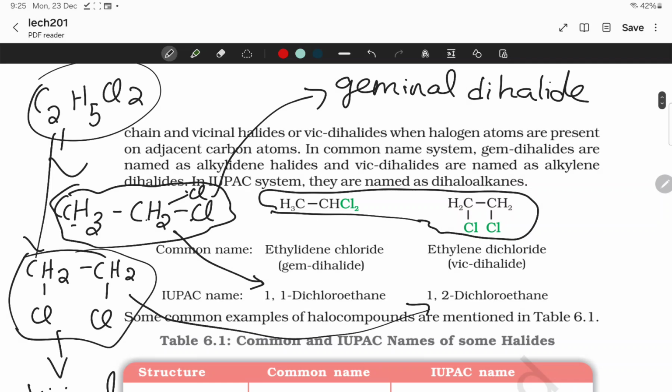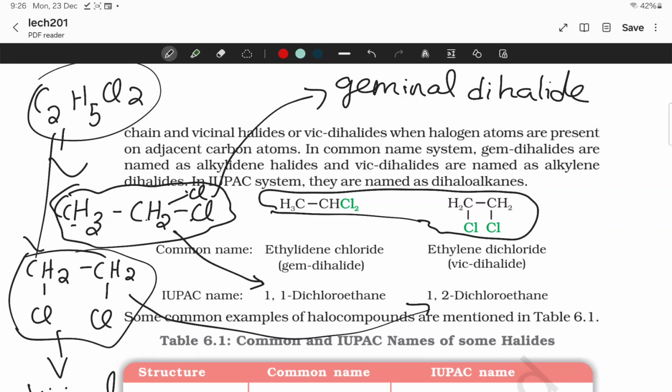That's the important thing here. If both are attached to the same carbon, it is a geminal dihalide, and if attached to different carbons, it is a vicinal dihalide. Gem means both halogen atoms are with one carbon. And if two chlorine atoms are with different carbons, it's called a vicinal dihalide.